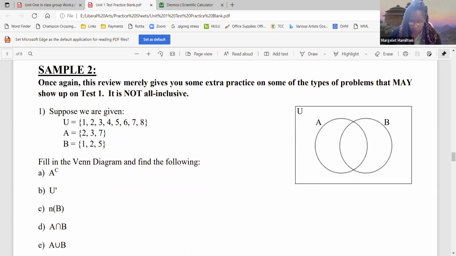Working at our first page, 1 through 5. We're just going to take a couple of minutes to work on that. Give it 8 minutes. All right, let's work through it.